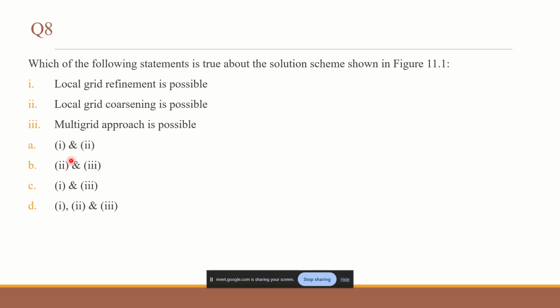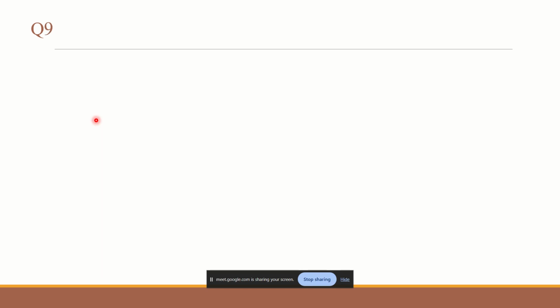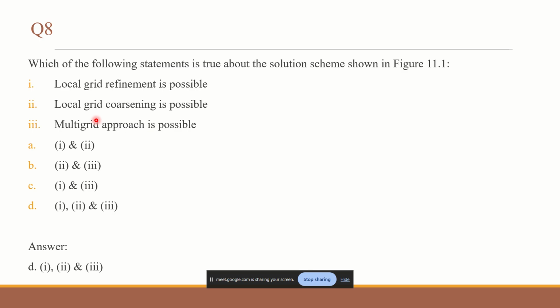Since 1, 2 and 3 are true, the right answer is option D: local grid refinement is possible, local grid coarsening is possible, and multi-grid approach is possible as well. So that is for question 8.